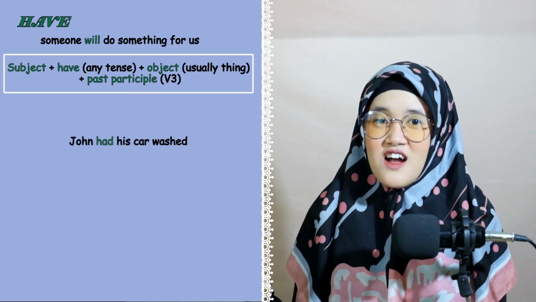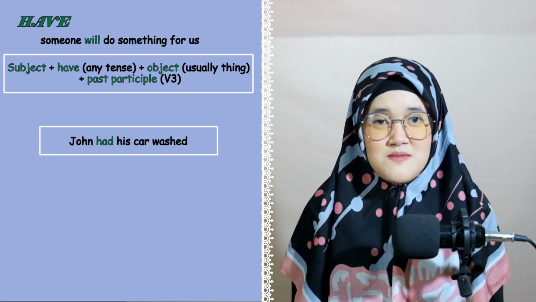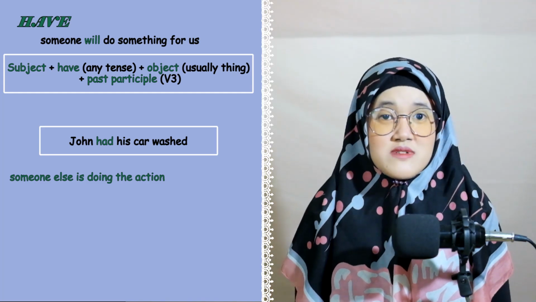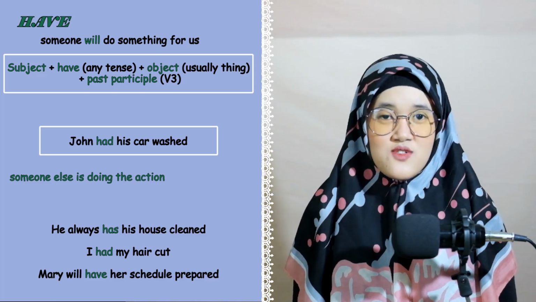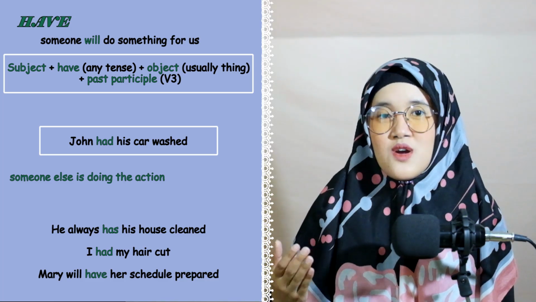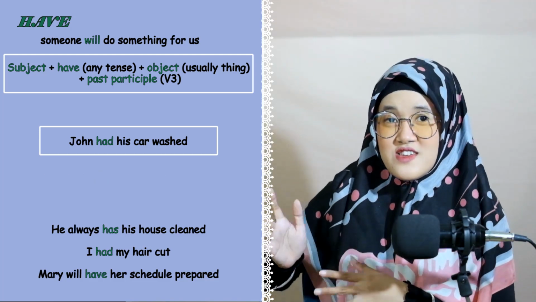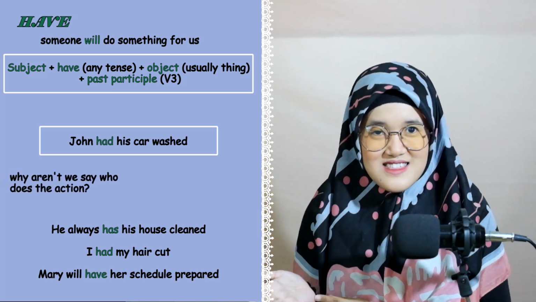John had his car washed. Here, John isn't washing his car by himself. Someone else is performing the action for him. He always has his house cleaned. I had my haircut. Mary will have her schedule prepared. If you notice here, we are not saying who does the action, right?